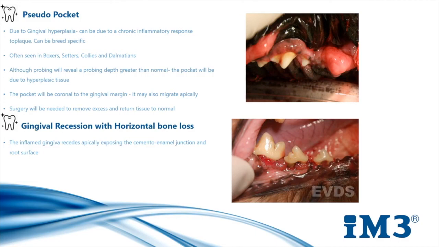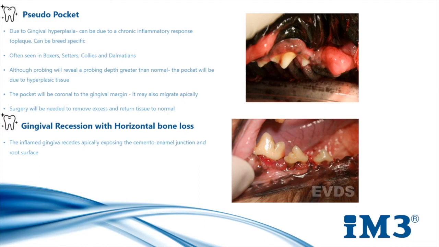Although probing will reveal a probing depth greater than what's actually normal, the pocket will be due to hyperplastic tissue. You will find that the pockets will be coronal to the gingival margin, and they also might migrate apically down to the tooth root. Sometimes surgery will be needed to remove the excess tissue and return the tissue to normal.